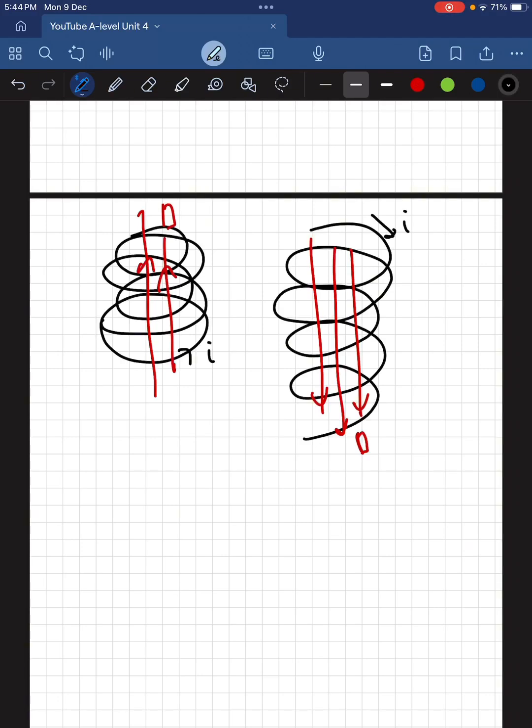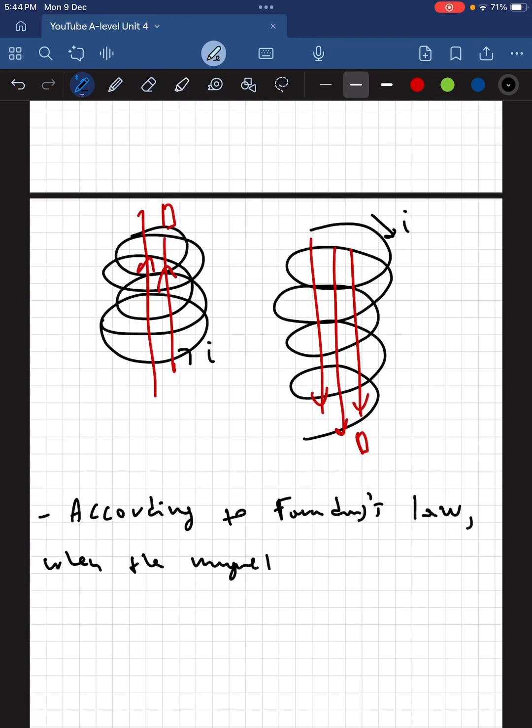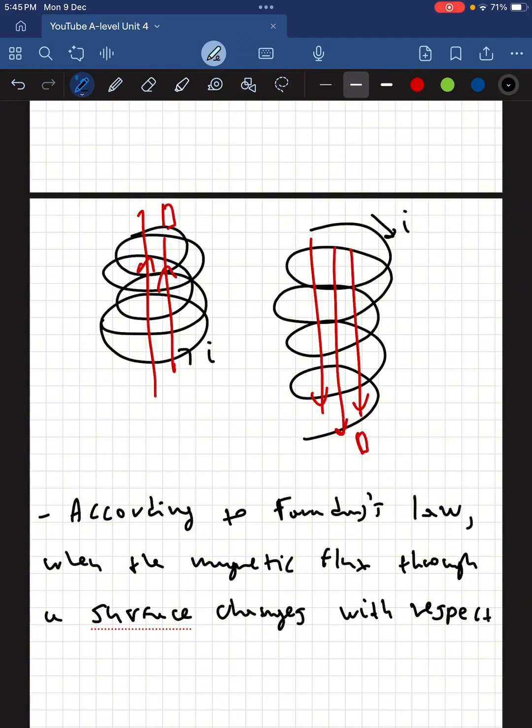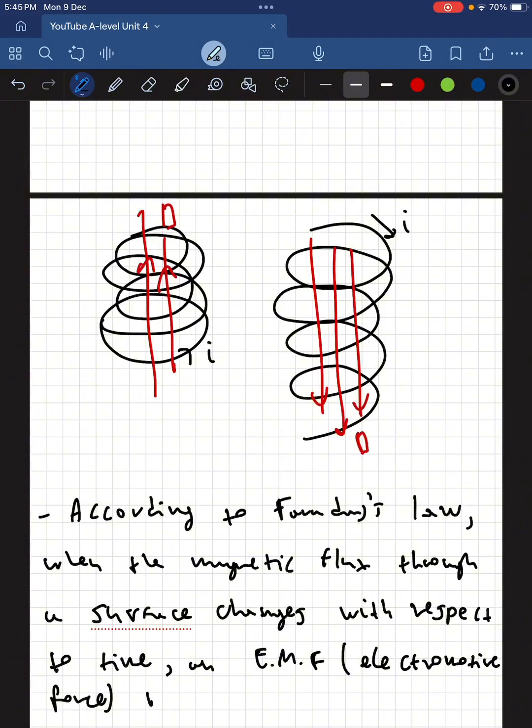Now, why am I saying all these things? Because according to Faraday's law, when the magnetic flux through a surface changes with respect to time, an EMF, which stands for electromotive force, is induced.